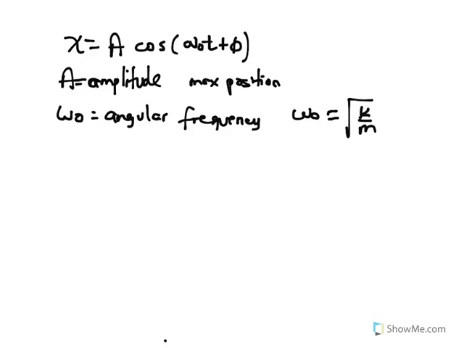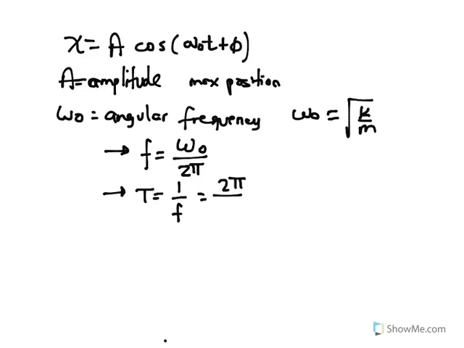Now I want you to remember as well that frequency is going to be omega 0, which is the angular frequency, over 2 pi, and that the period is going to be 1 over the frequency, which is in this case 2 pi over omega 0.